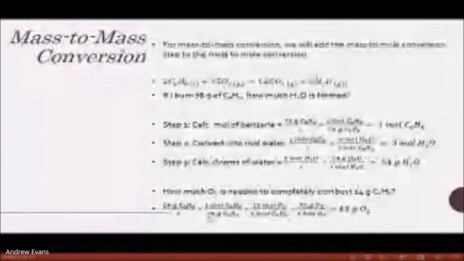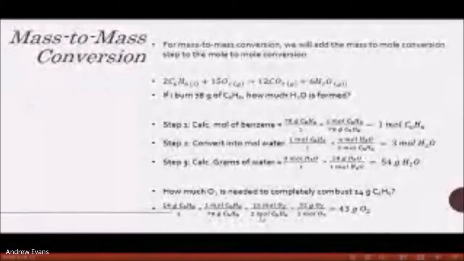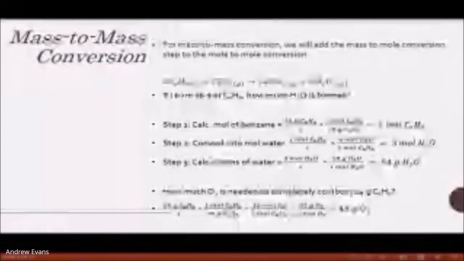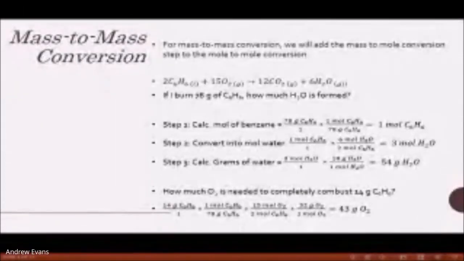So you would say 14 times 15 times 32, all divided by 78 and 2. Please note that you don't accidentally multiply by 2. You would do 14 times 15 times 32 divided by 78 divided by 2. And that would give you 43 grams.